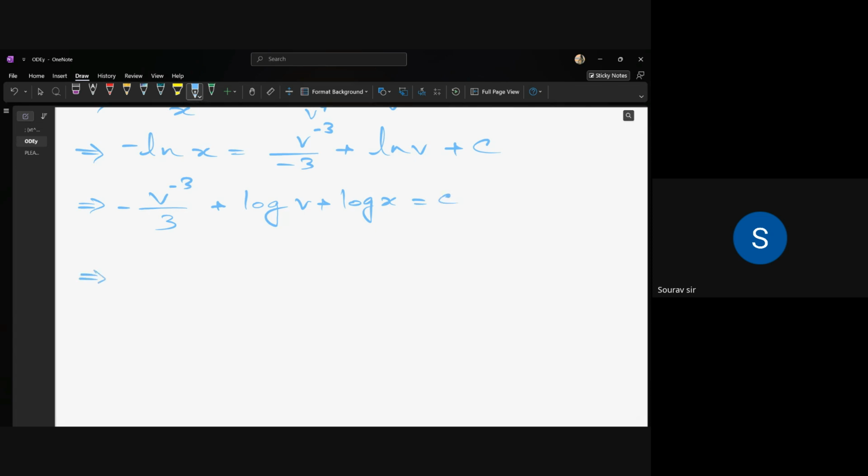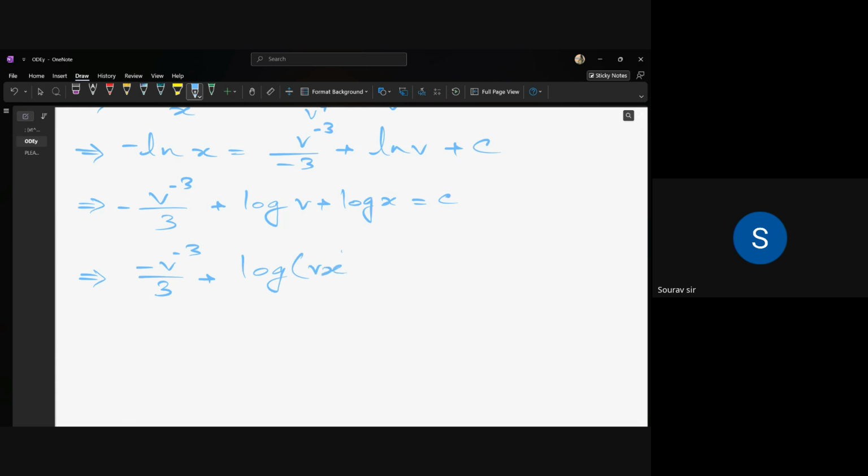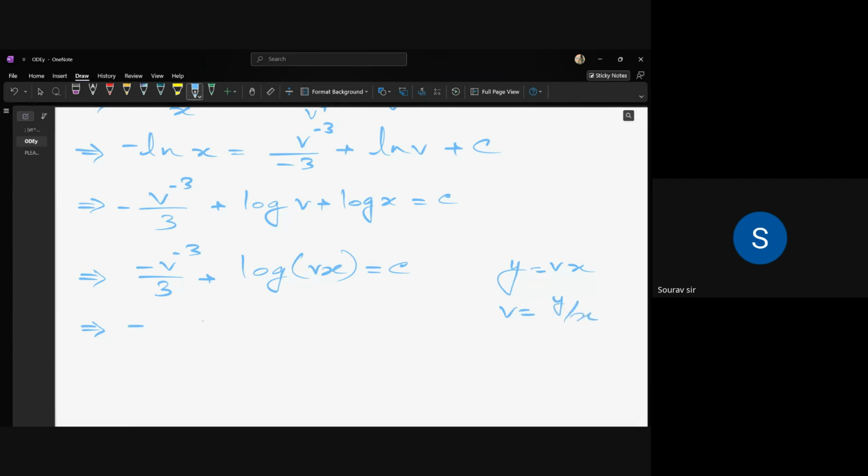So we are getting minus this by 3 v cube plus log vx. As we know that log a plus log b equals log ab, we are just using it here. Our v is what? We took y equals vx, so our v will be equal to y by x. Let us just put it here.